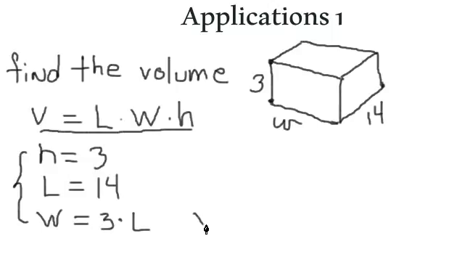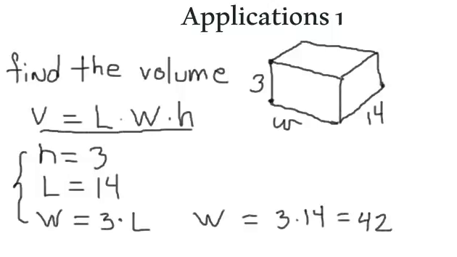So what we can do here is to say width is equal to 3 times 14 and then get that number. So that's going to be 42. Now, all we're going to do is we've got the height, the length, and now we have the width, and we can just simply plug it right into our formula.